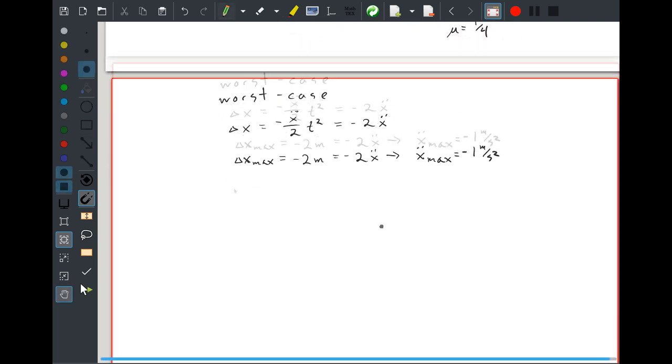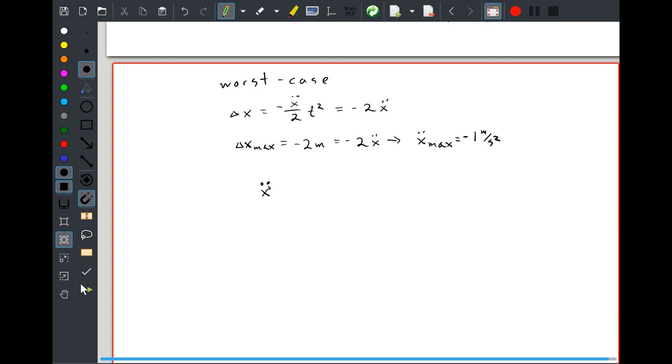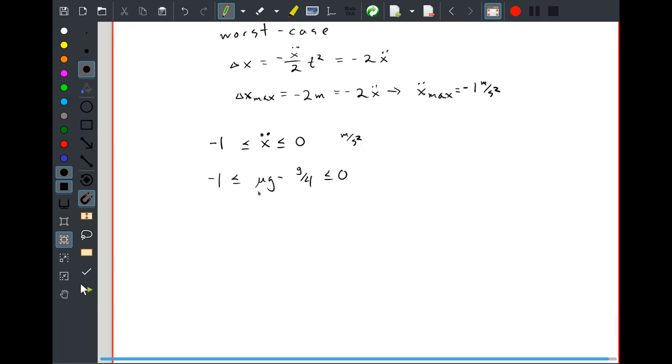So now I've got a new x double dot is going to be, at best case scenario, 0, and in our worst case scenario, negative 1, and this is all meters per second squared. But x double dot I had solved for. This is also equal to mu g minus g over 4. So then I'll divide everything by g.